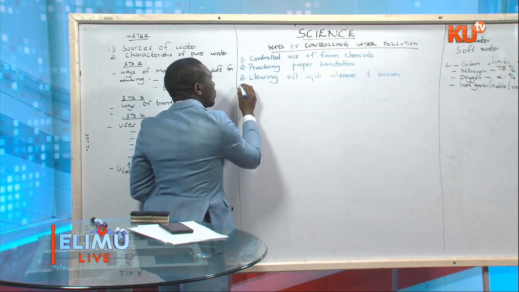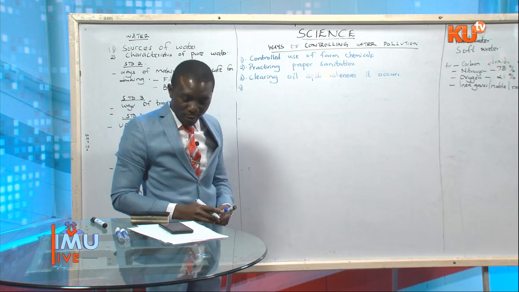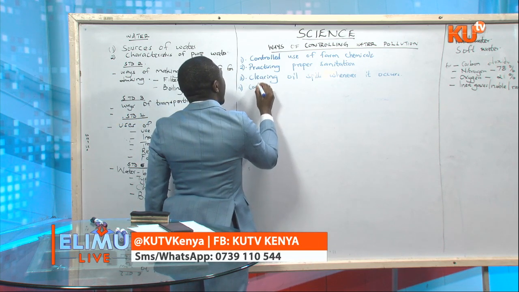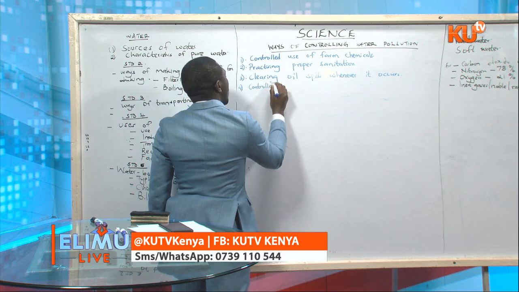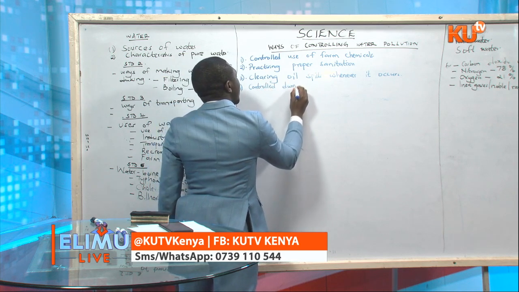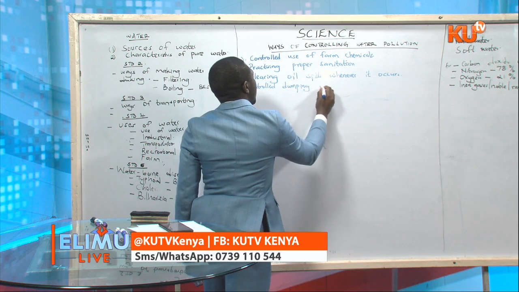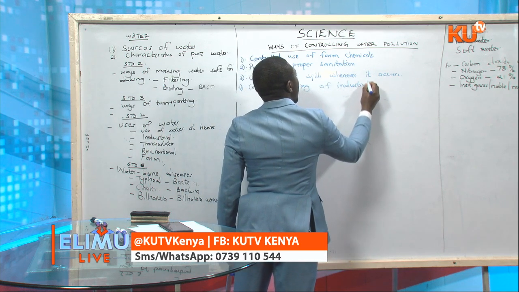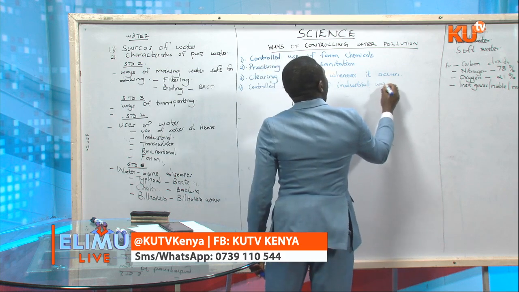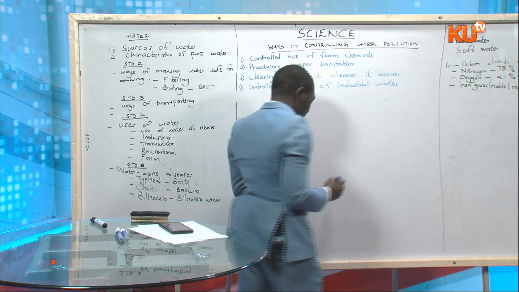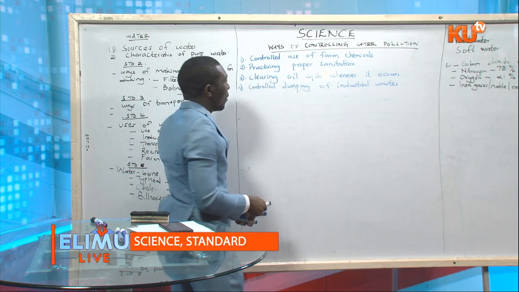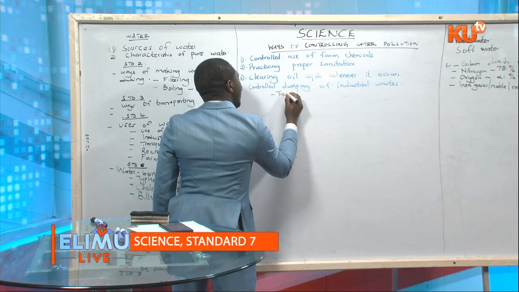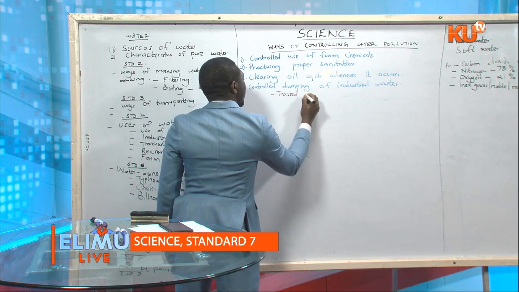Another way of controlling water pollution is by controlled dumping of industrial waste. And how can industry help us on that? When they are releasing their waste, first of all, they are supposed to release treated industrial waste.